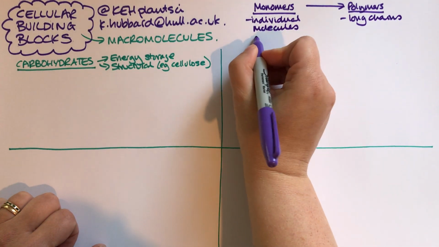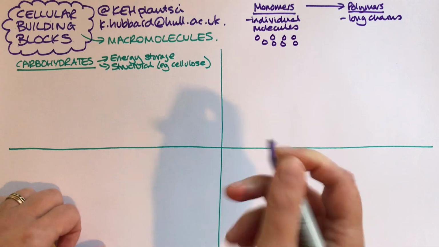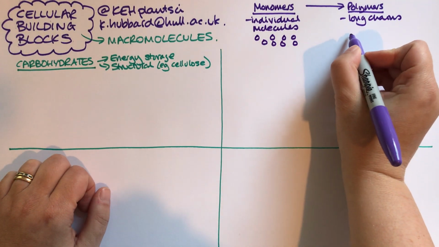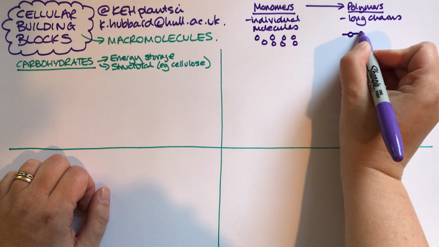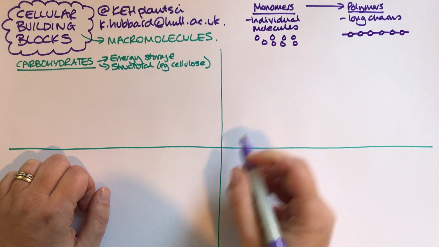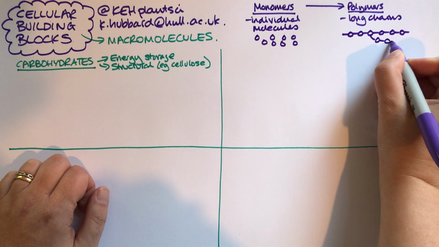Okay, so we might have our monomer, I'll just do them as circles. So we've got our individual molecules, currently free from each other. But when they get formed into a polymer, they get attached to each other in these long chains. So there might be a linear chain, or in some cases you might have what we call branching.